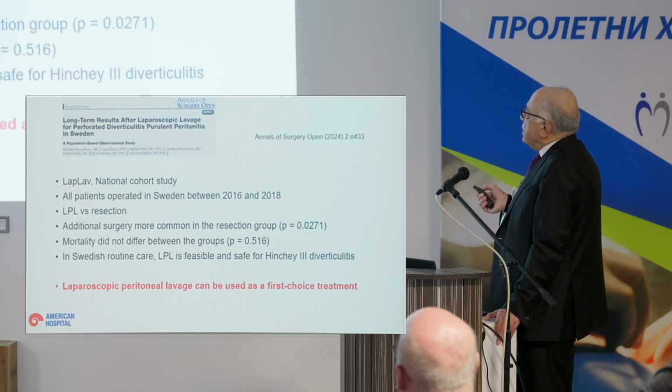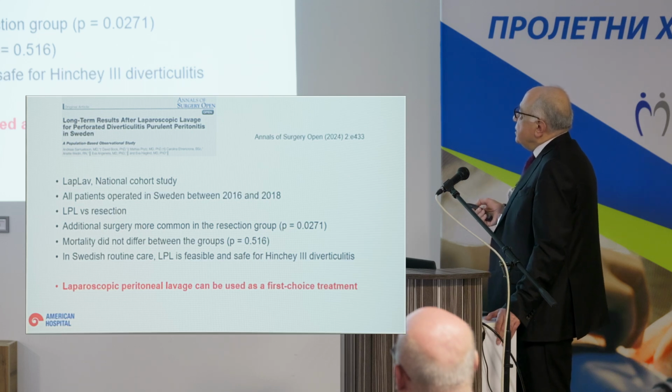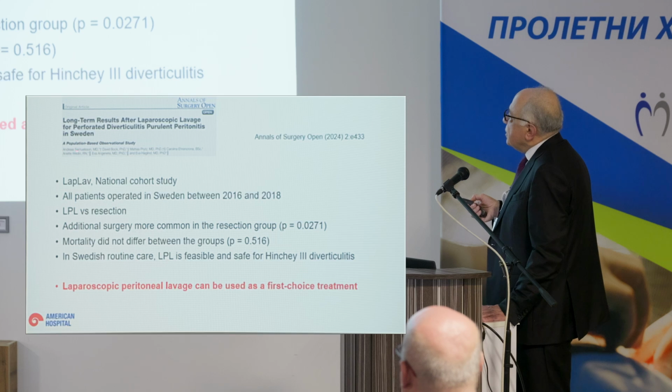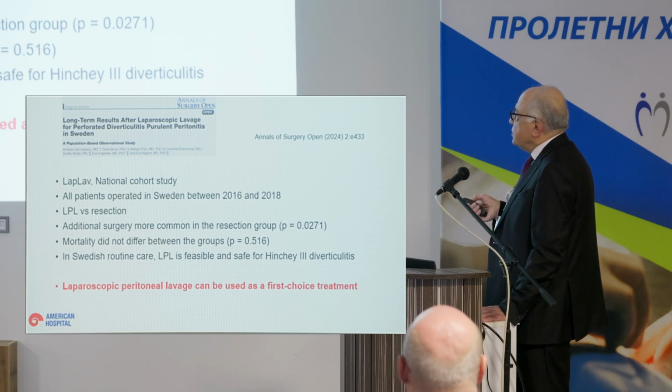Last year, in Annals of Surgery, a national cohort study from Sweden was published. All the patients operated on in Sweden between 2016 and 2018 were compared as laparoscopic lavage or resection groups.